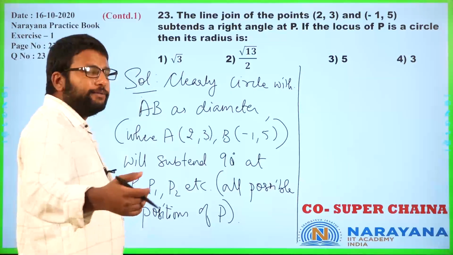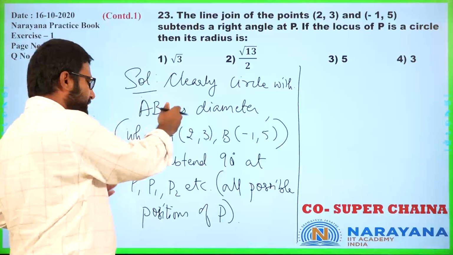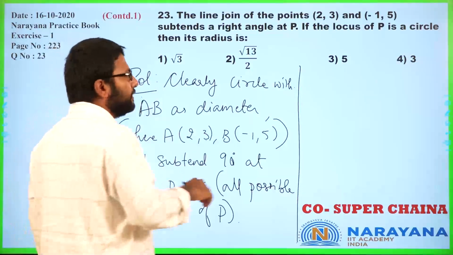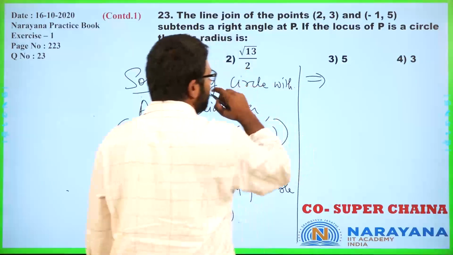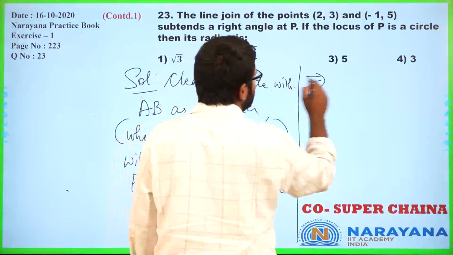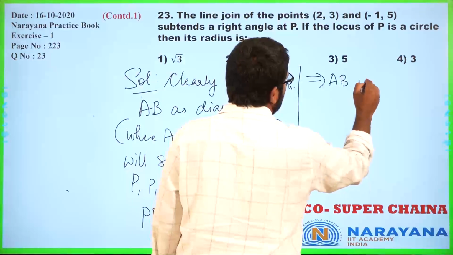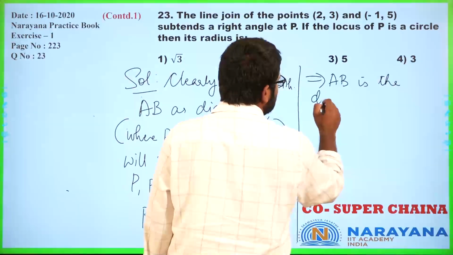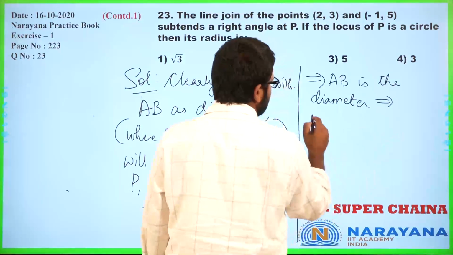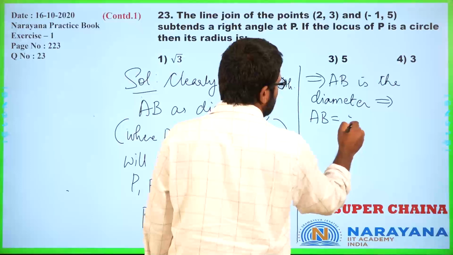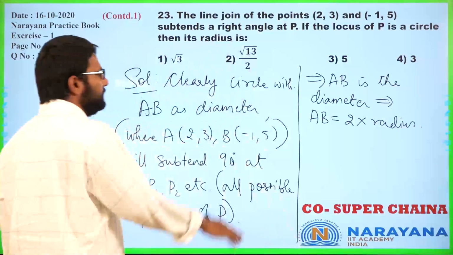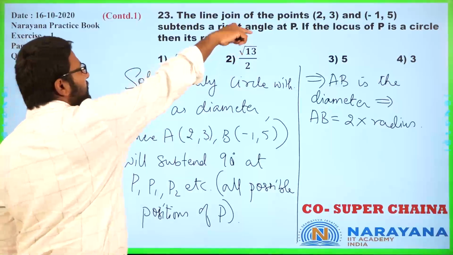Right? So since this is a circle and AB is the diameter, and all possible points, when you join them, you get that circle, your conclusion is we are finding the radius of the circle. AB is the diameter, which means AB equals 2 times the radius. Just the length AB, and AB we can find out.